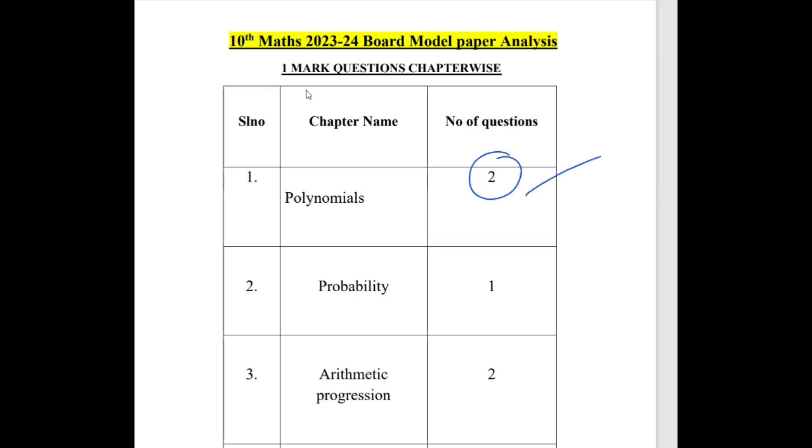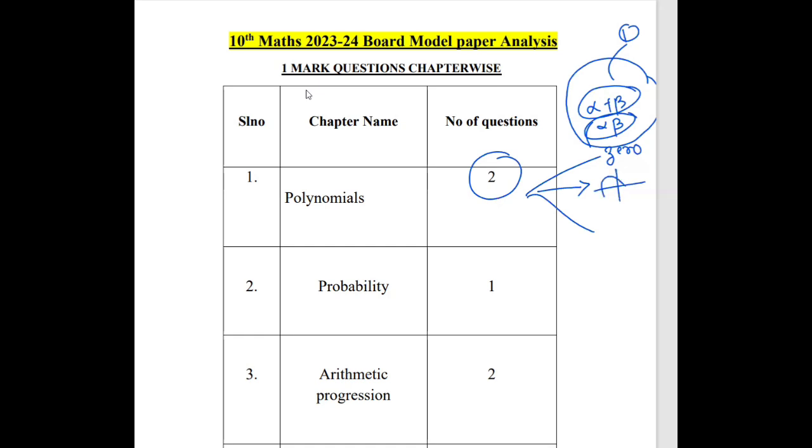They want to test whether you know how to find the sum and product of zeros, the concept of alpha, beta, alpha into beta, the sum of zeros and the product of zeros. This can be asked for 1 mark.